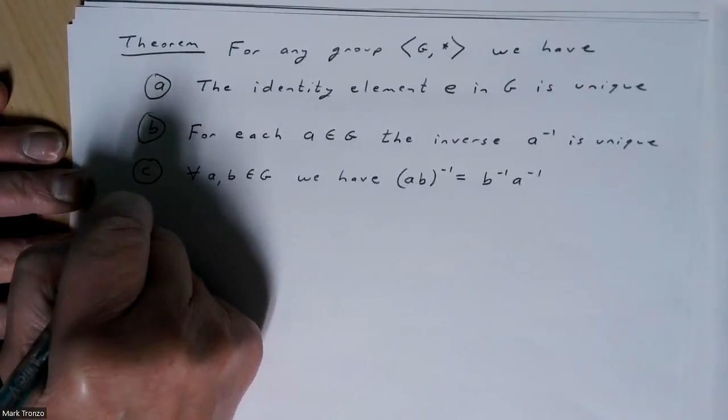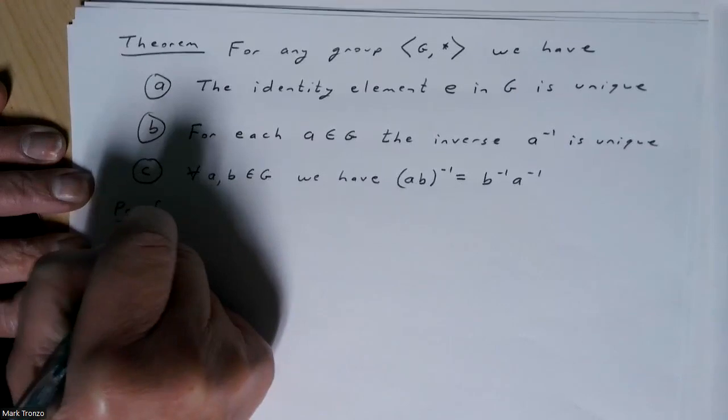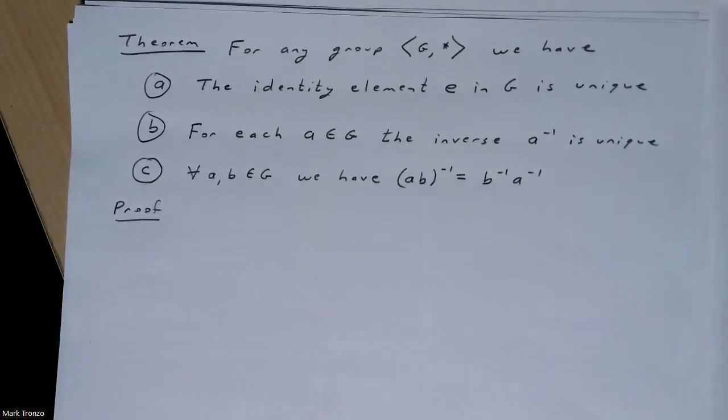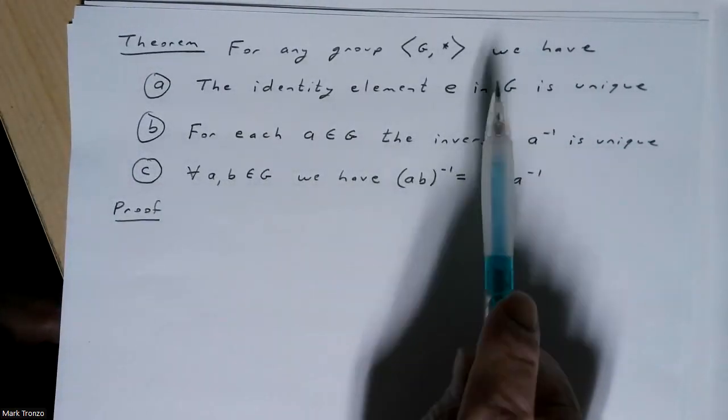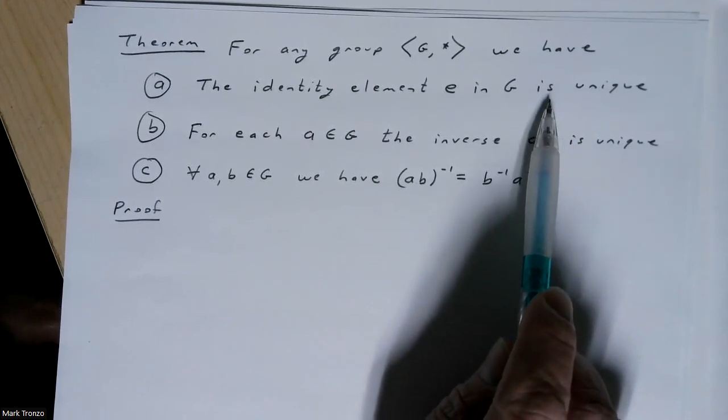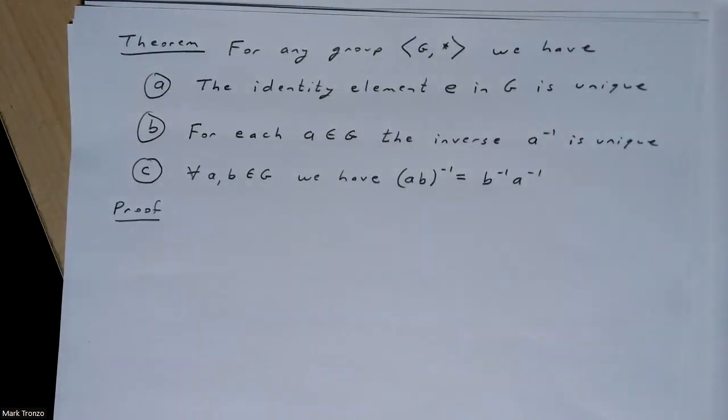So, proof. If we want to prove that something is unique, usually what we do is assume there are two of something and then show that they're the same.